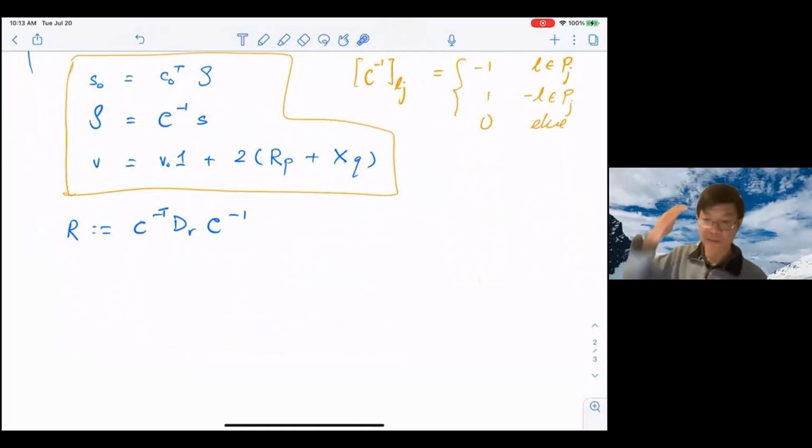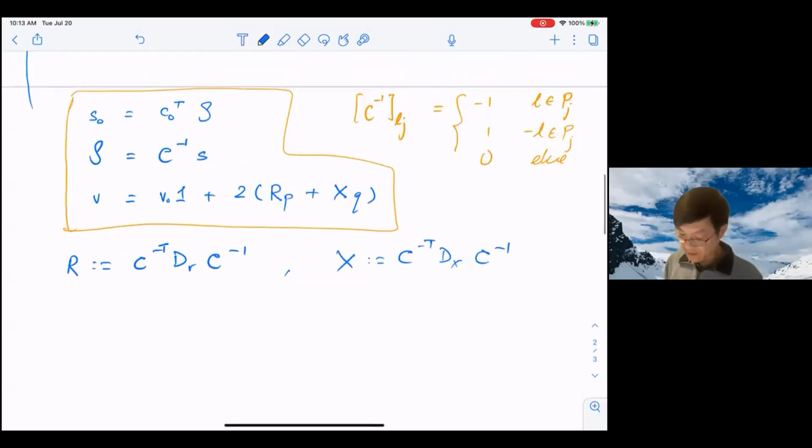And D_R is the diagonal matrix of resistances. So the whole thing is positive definite and invertible. Similarly, X is also invertible. So this is C inverse D_X C inverse transpose. And therefore, you get this simple explicit solution for the linearized model.